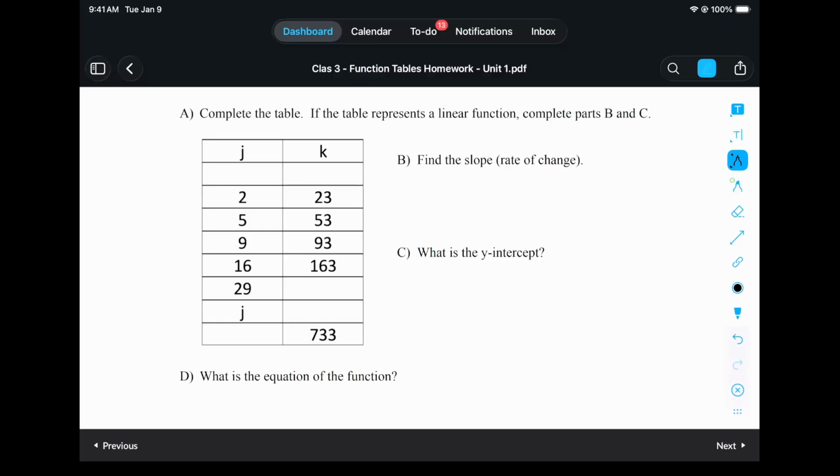If you input 5, you get 53. If you input 9, you get 93. If you input 16, you get 163. We don't know what we get if we input 29. We don't know what we get in general. And then we don't know what we have to input to get 733.